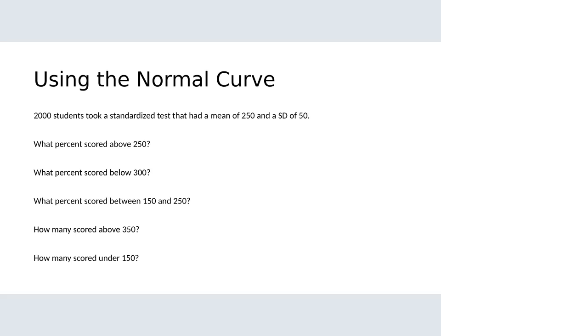I'm not even going to try to answer the questions yet. First, I'm going to draw my normal curve. Doesn't have to be perfect. There's my normal curve. What I'm told is that the mean is 250 and the standard deviation is 50.